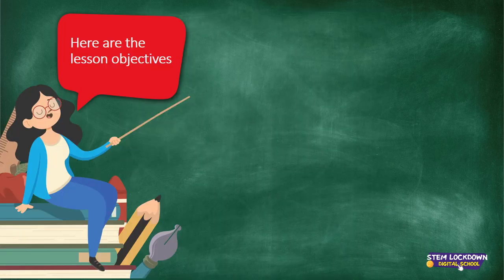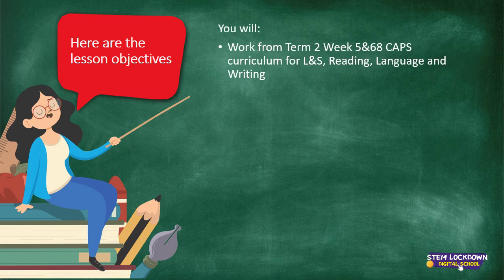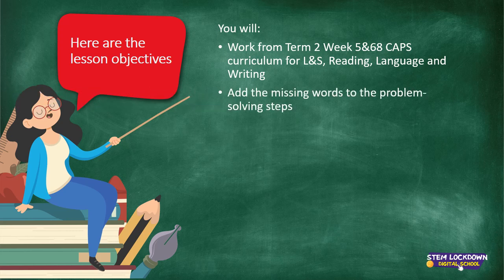Are you wondering what we'll be doing in our revision lesson? Okay, this is it. You'll be working from Term 2, Week 5 and 6 of the CAPS curriculum for listening and speaking, reading, language, and writing. We're going to take something from each part. So you're going to add missing words to a problem-solving poster.